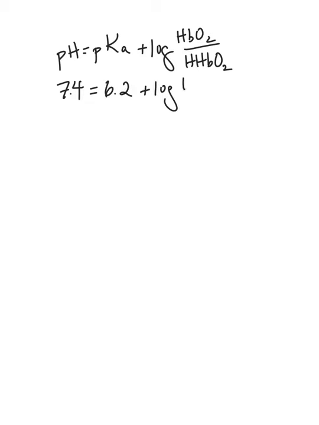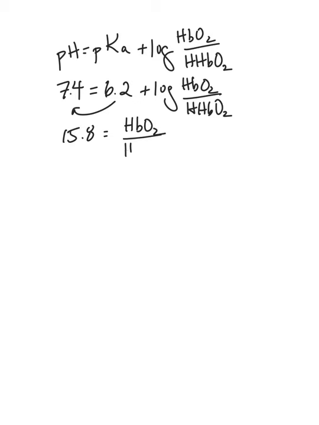And then I'll just rewrite the A minus over HA species. When you subtract 6.2 from 7.4 and take the antilog, you get 15.8. It represents the ratio of these two concentrations. I should have put my concentration brackets here, but you know what I'm talking about.